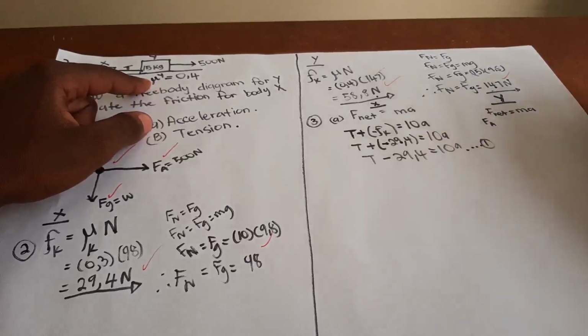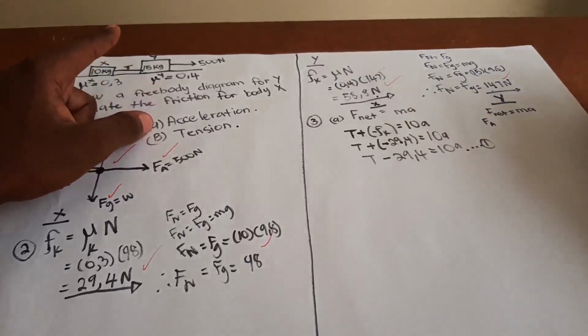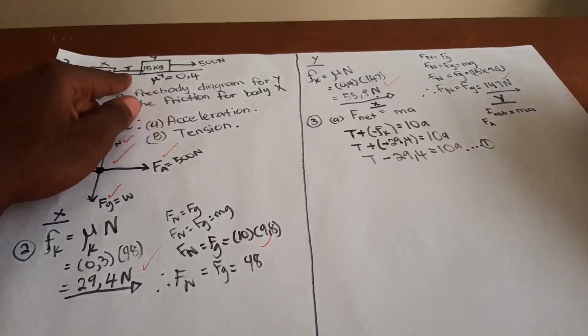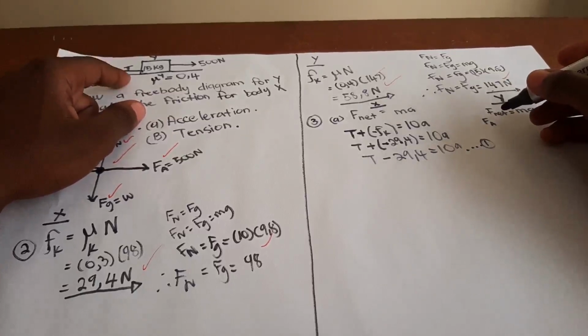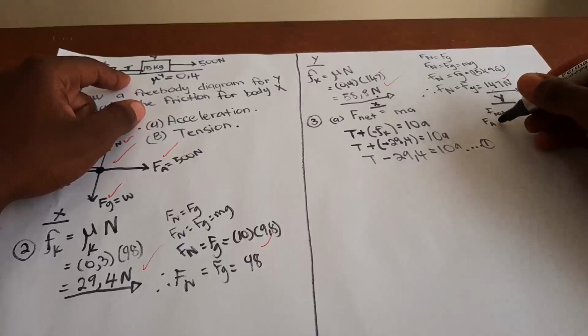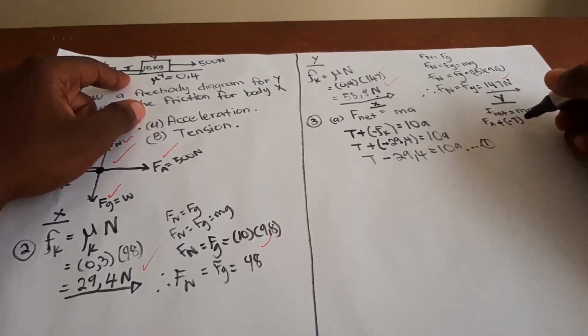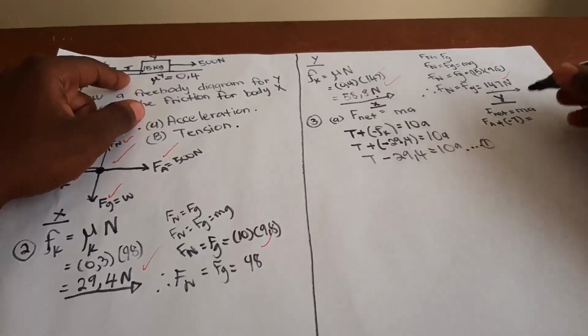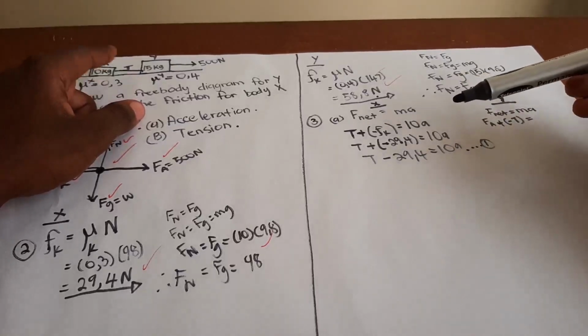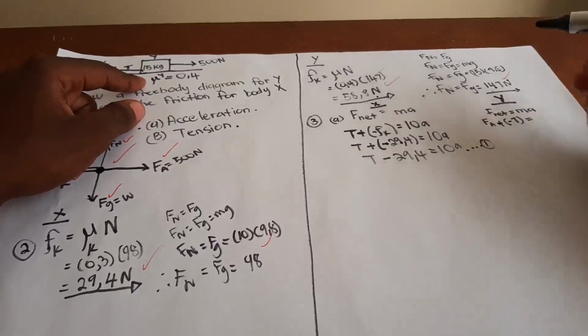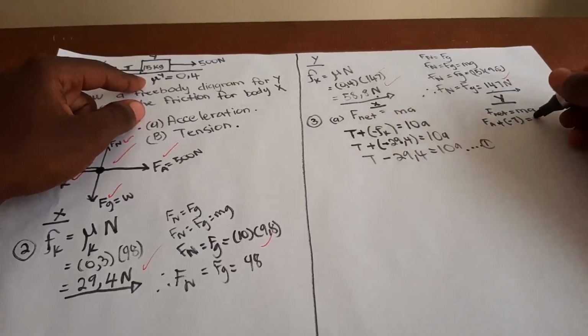The applied force, which is 500 newtons, plus the tension force, which is acting in the opposite direction, pulling y. Y is being pulled by x, by the way.